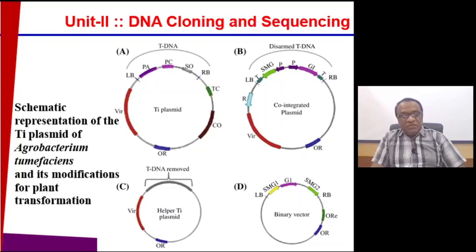Additionally, an antibiotic resistance gene, referred to as R, is inserted to allow for selection of transformed bacteria.